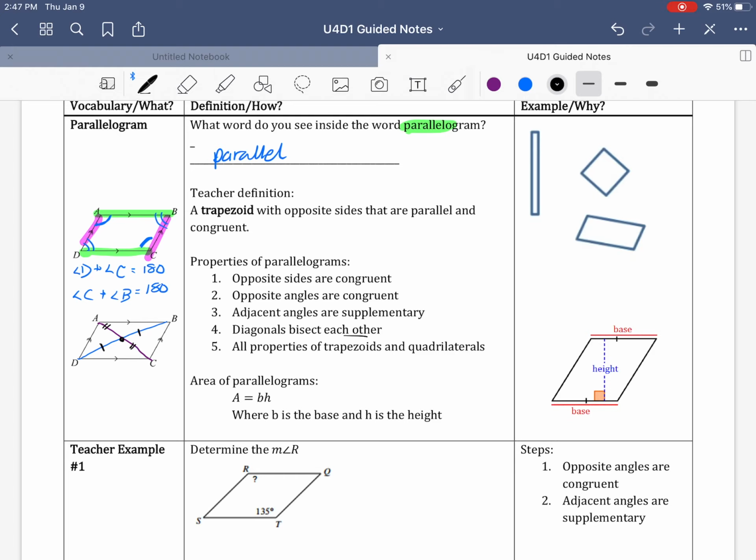So that's like our four angles equaling 360 degrees and things like that we talked about last class period also apply for parallelograms.